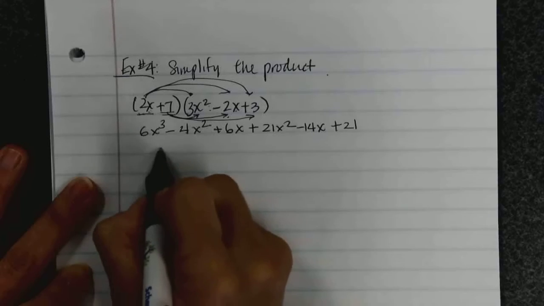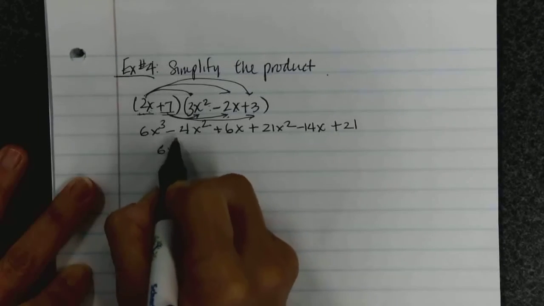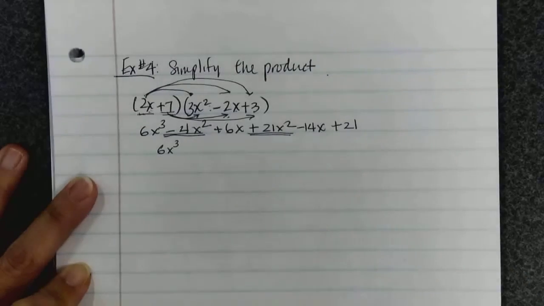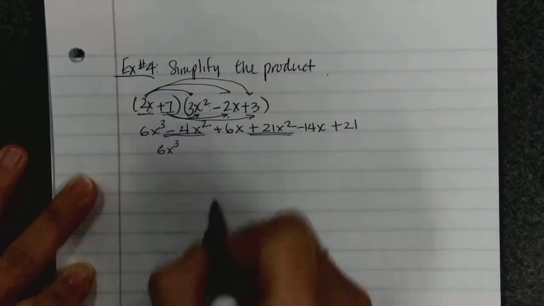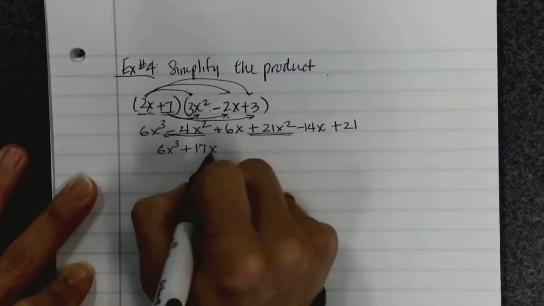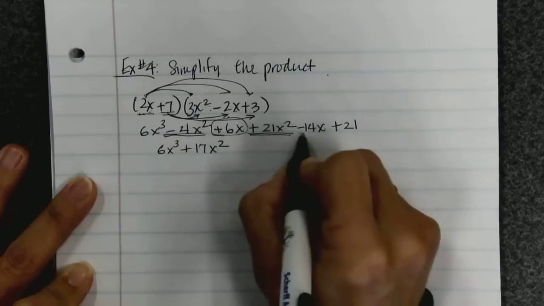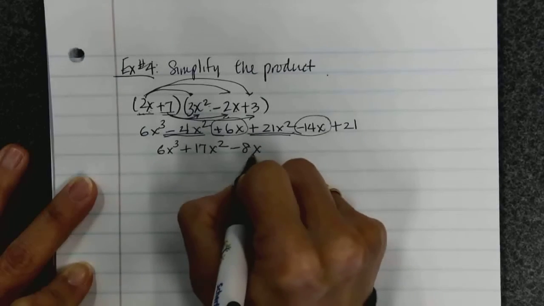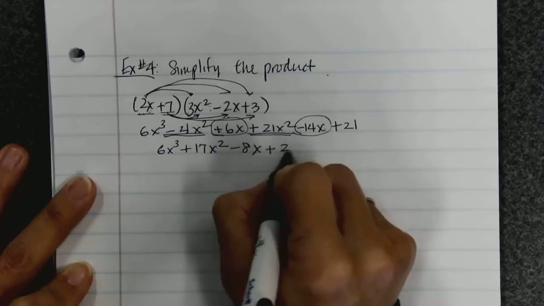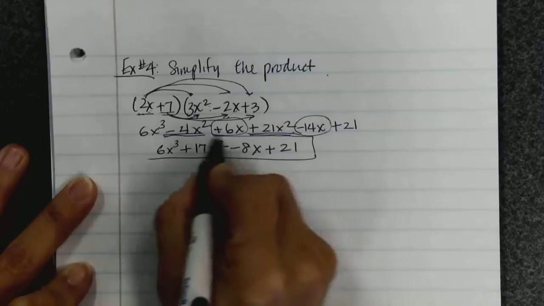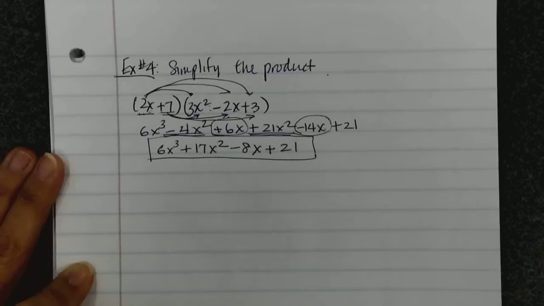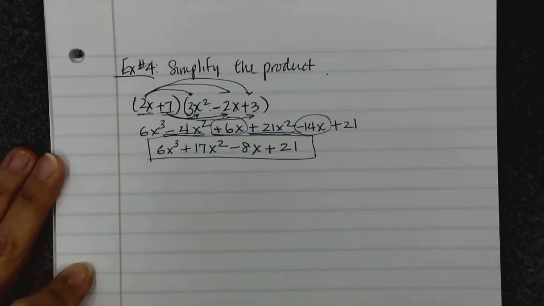My highest exponent is 6x cubed, and the next ones are negative 4x squared plus 21x squared, which makes it positive 17x squared, and then I got 6x minus 14x makes it a minus 8x, and what's left is plus 21, and that will be my final answer of multiplying binomials with a trinomial. So it's like distributing still, and that is section 9.3.